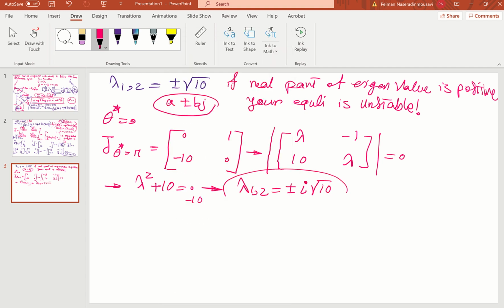So you have a pair of pure imaginary numbers. There is no rule in nonlinear control: if the real part is 0, we cannot judge the stability or instability of the system. But as I taught you, the eigenvalues are the poles of the system, so the system is going to be marginally stable, going to oscillate forever. But we cannot judge it.